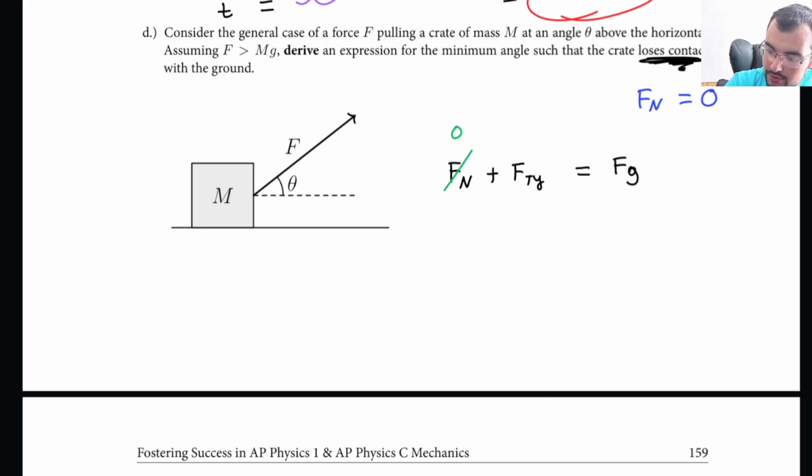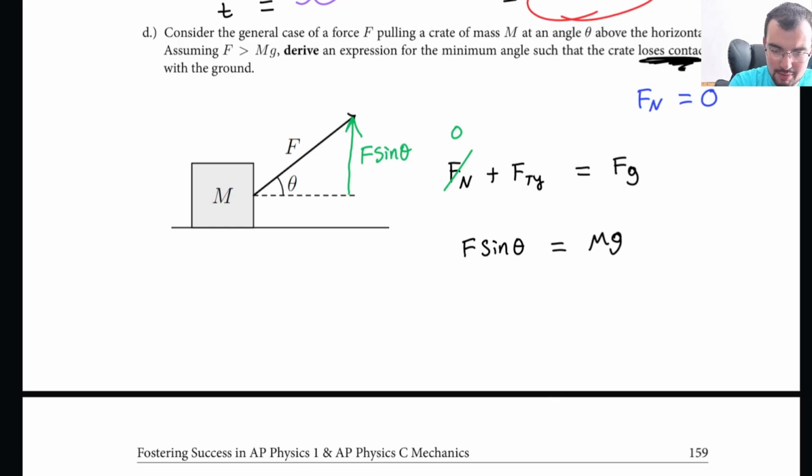The y component of the tension force was just F times sine theta, because we did not have to touch that angle, right? That's F sine theta. And Fg is, of course, mg. So we want to figure out what that angle theta is.